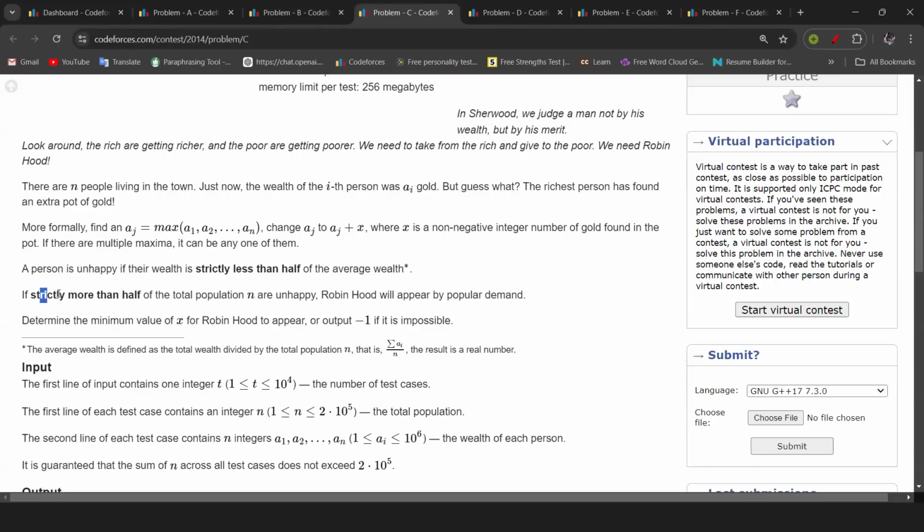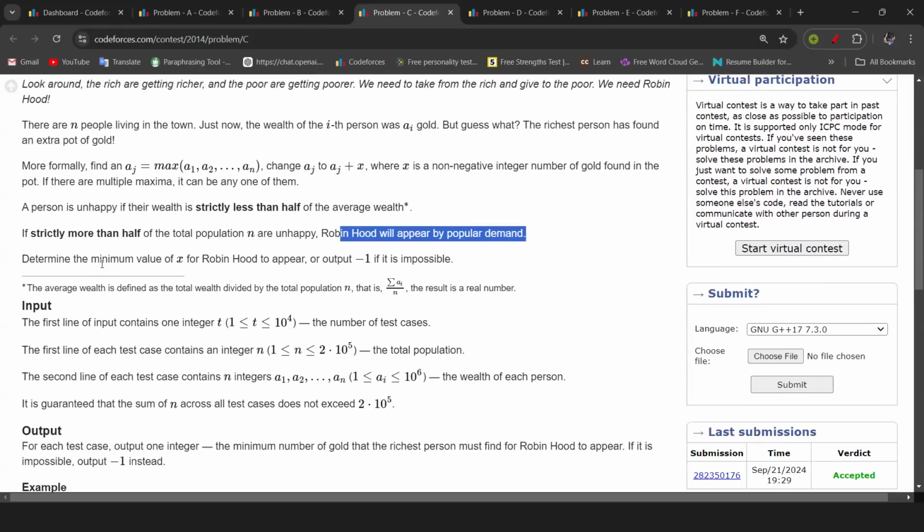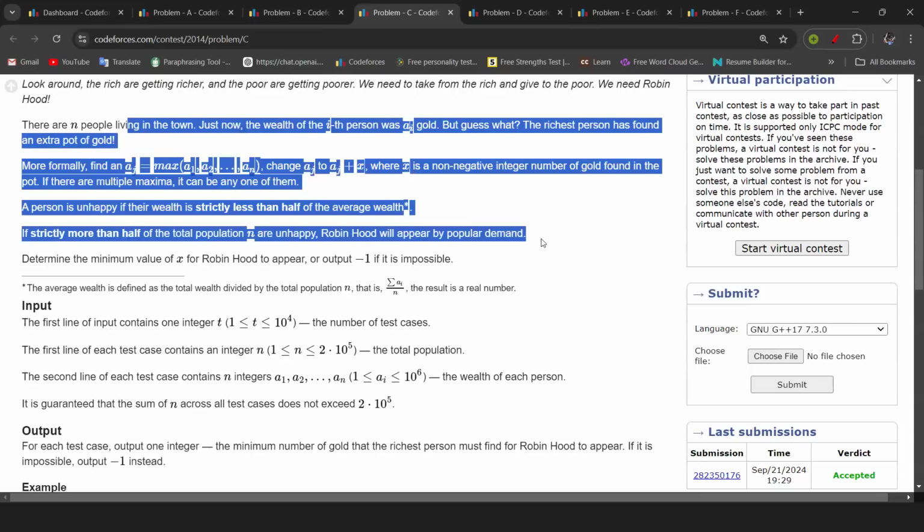Now, if strictly more than half of the total population n are unhappy, Robin Hood will appear by popular demand. So we need to determine the minimum value of x for Robin Hood to appear, or output -1 if it is impossible. Okay, so these are the conditions given for Robin Hood to appear.